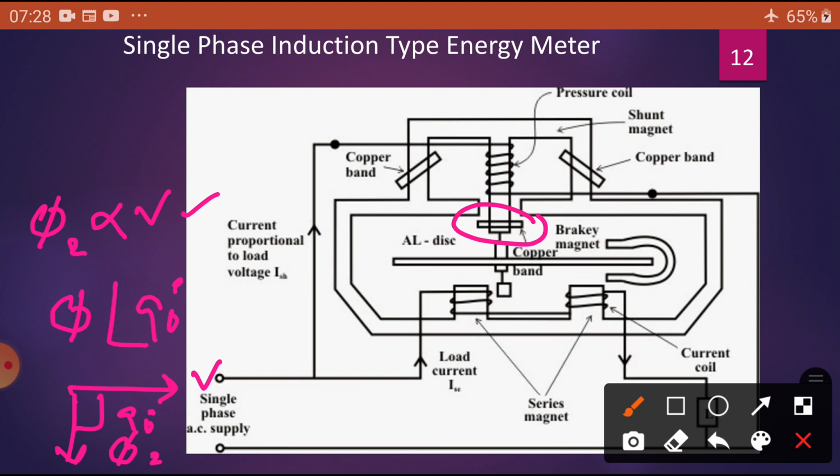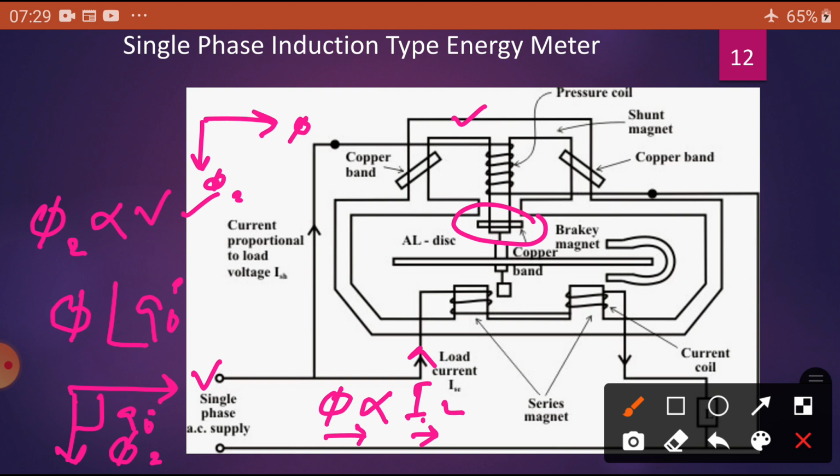So what will happen? The flux produced in the series magnet is proportional to the load current, and this flux and current are in phase. Both are good friends. But in the flux produced in this magnet, one is in this direction and the other is in this direction, both 90 degrees apart.